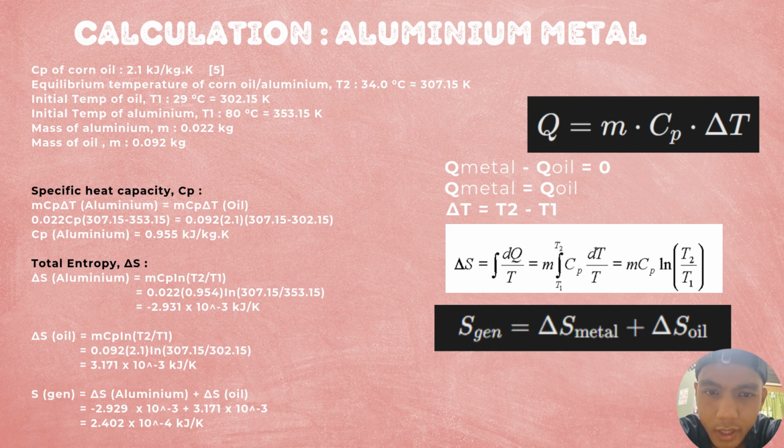For the delta S oil is 3.171 times 10 power of negative 3 kilojoule over Kelvin. And for the S gen, delta S aluminum plus delta S oil. Lastly, we can get the value is 2.402 times 10 power of negative 4 kilojoule over Kelvin.